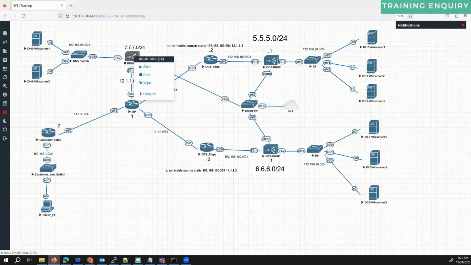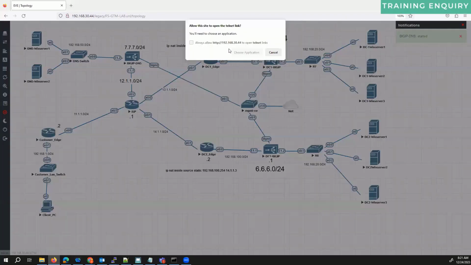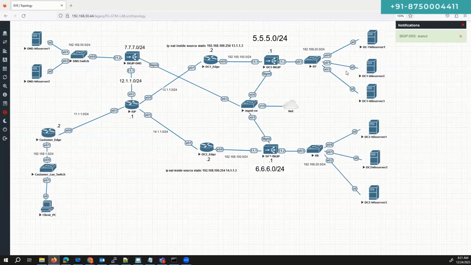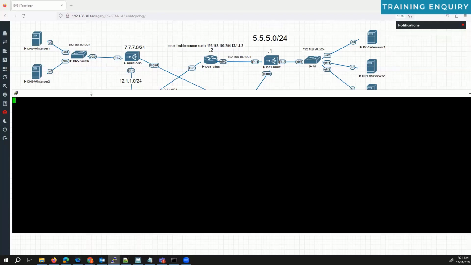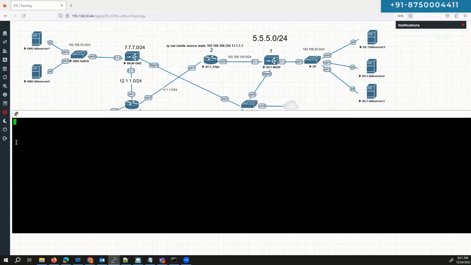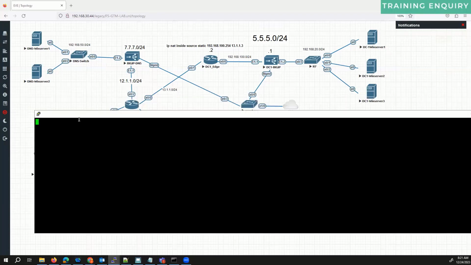I believe in your topology you would get reset, and in mine I actually get wipe, but it's the same thing. I have powered on this big IP DNS now, so let this boot up, and I've taken the console access because the first time you will have the console access of this big IP.